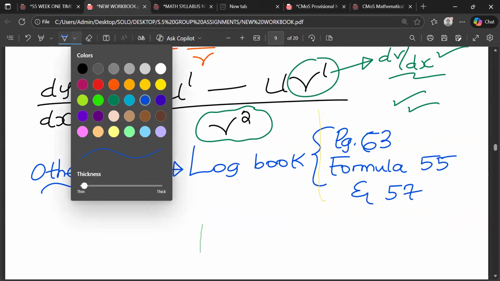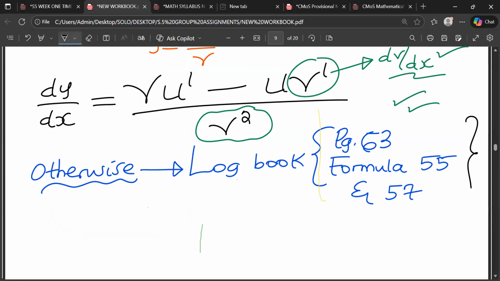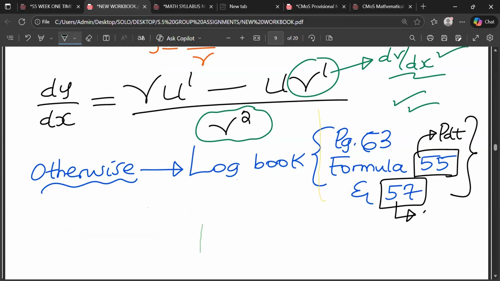Yes. And of course, formula 55 is the first one, so it's the one of product rule. Then formula 57 is the one of what? Quotient rule. Yeah.